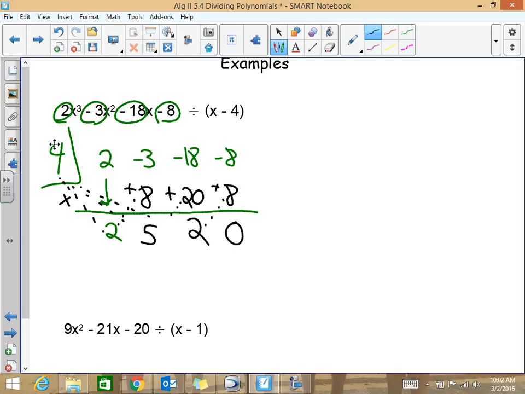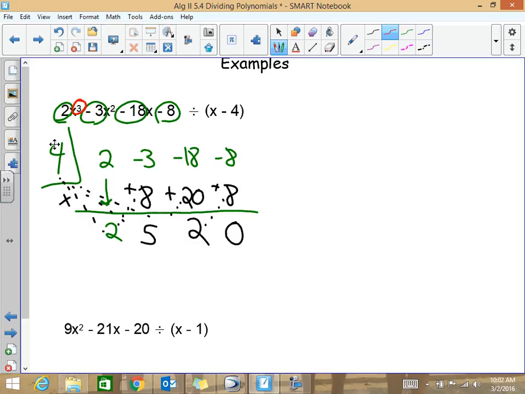Okay. All right. So now that's the process. We're done. The numbers down here represent the coefficients of our answer. So we started with an x to the third equation. We divided by x to the first. So our answer is always going to be 1 degree less than what you started with. Okay?